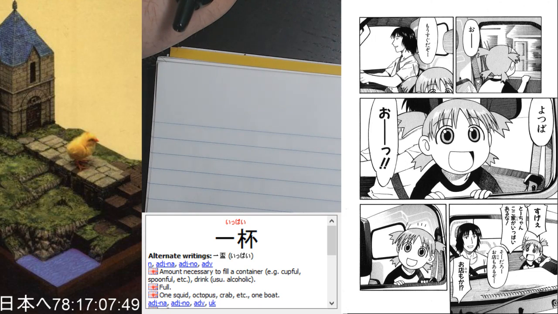Sou darou. Omise aru zo. Is it misemo? No, that seems off. Omise mo. Oh yeah, I was right. Mo is a particle, the also particle.